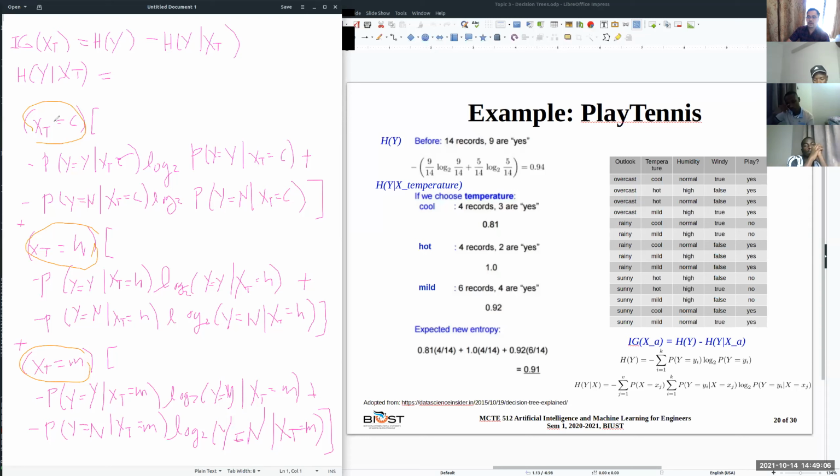We are only talking about the temperature when it is cold. So cool, 1, 2, 3, 4. So that's 4 over 14. We have already enumerated this. And then the hot, 1, 2, 3, 4. So 4 over 14. And the other one, mild, 1, 2, 3, 4, 5, 6. 6 over 14. So we have done that.